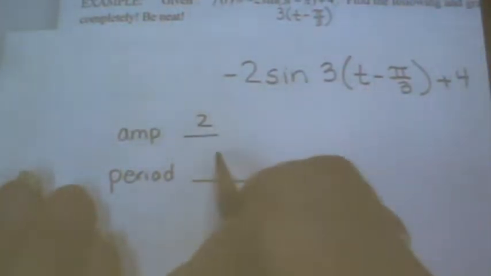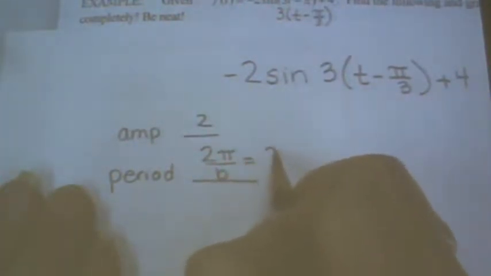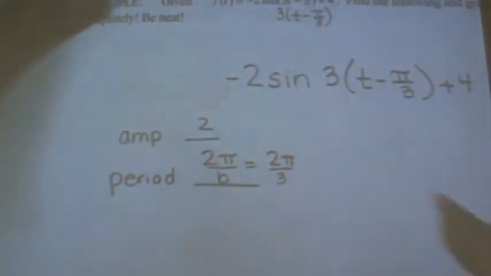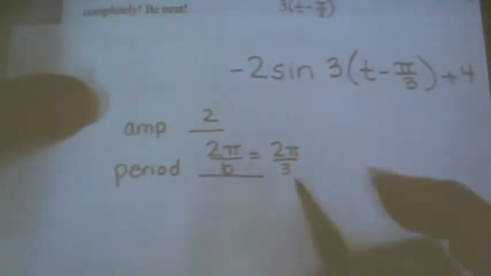Your period, how do you find the period? Well, we did this in 7.3. If it's a sine or a cosine graph, you're going to take 2 pi and divide it by b, and b is 3. So what is 2 pi divided by 3? It's 2 pi divided by 3. That's your period. That's how long it's going to take for your cycle to go. It's going to take 2 pi over 3.